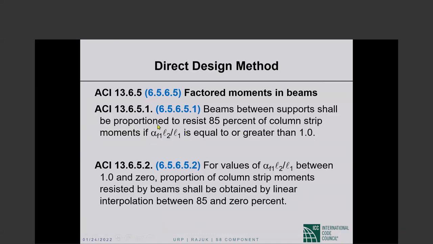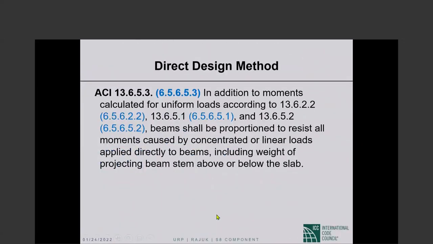This is for values of alpha sub F1 L sub 2 over L sub 1 greater than 1. If the value is less than 1, then you interpolate: proportion of column strip moments resisted by beams shall be obtained by linear proportion between 85% and 0%. Okay? I think this is very easily understood if you just read.